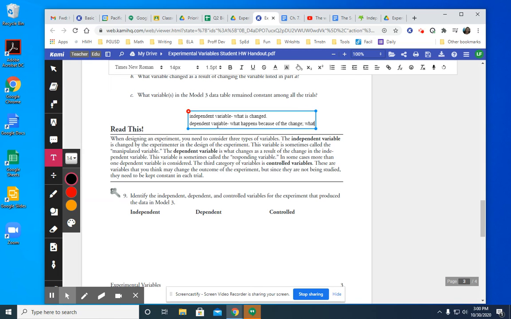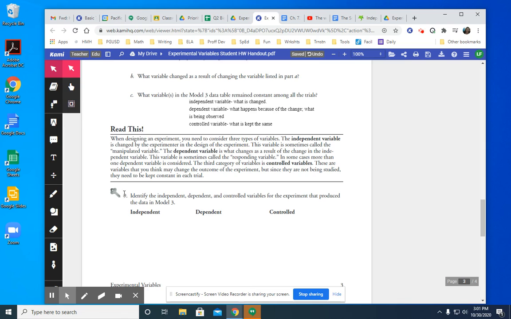It's what is being observed. Okay? Controlled variables are what is kept the same. Okay?